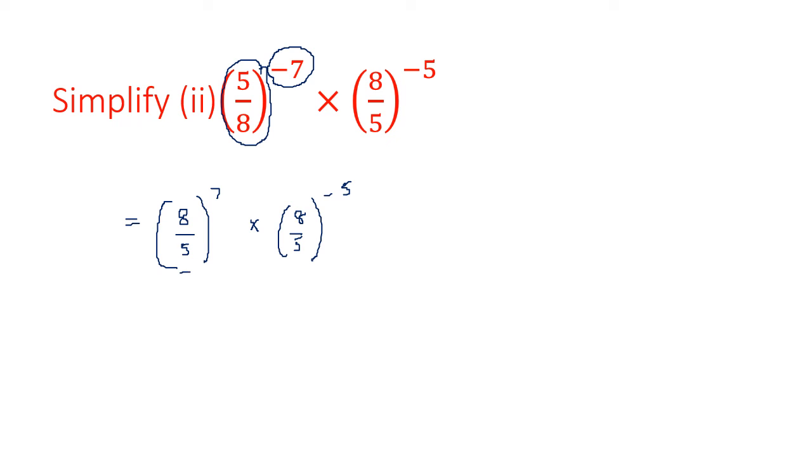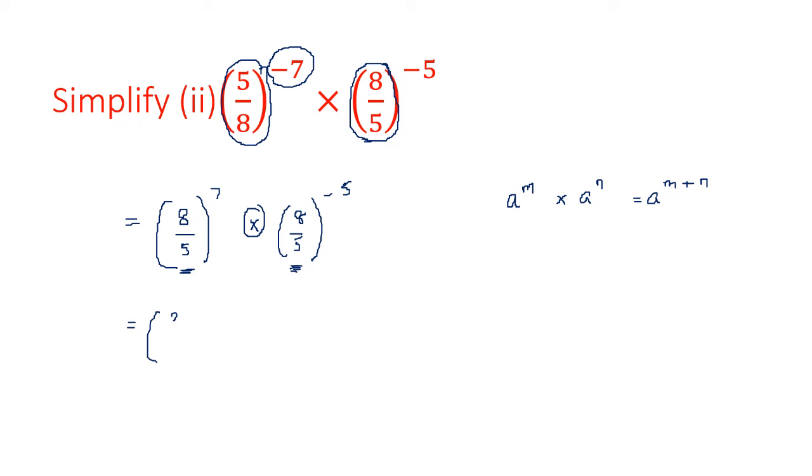So now the bases have become the same. I could also convert this 8 by 5 into 5 by 8, either way. But by converting just one number, the bases have become the same, 8 upon 5, with the multiplication sign in between. So here I can use the rule a^m into a^n equals a^(m+n).